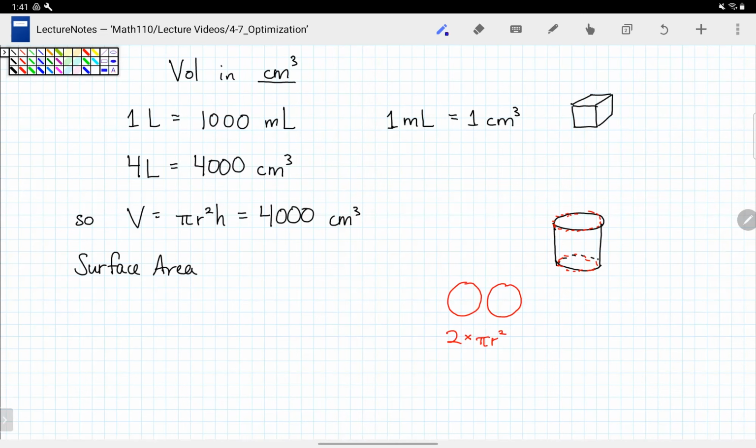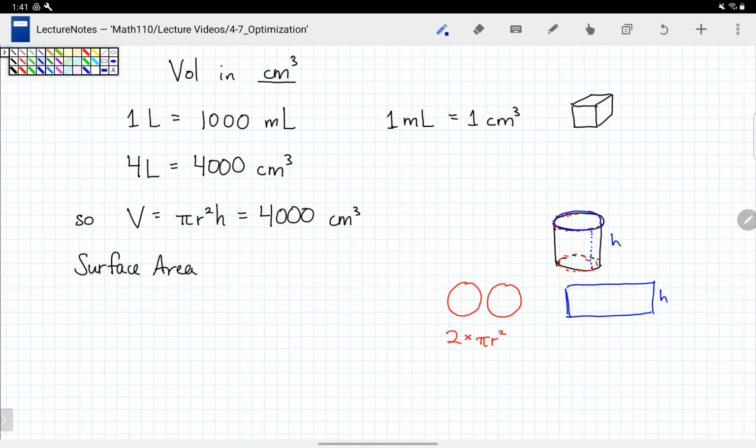And then the side surface, you can imagine cutting this down the middle and opening it up. And when you do that, you're going to end up with a rectangle, right? So what's the rectangle? The height of the rectangle is going to be the same as the height of the cylinder.